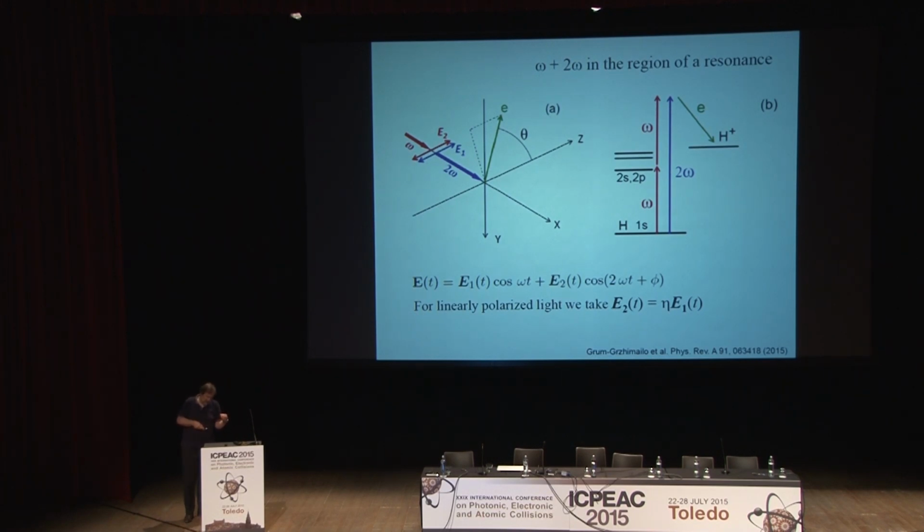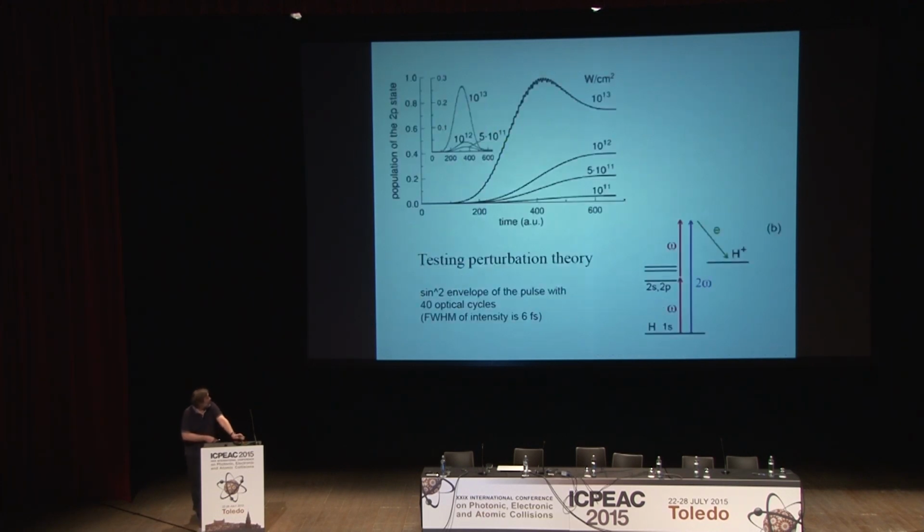That means the weight of the second harmonic. This is the geometry, and now we are looking for this left-right asymmetry. We calculated it for hydrogen, although calculations for neon are in progress. First we just wanted to look at whether perturbation theory works.